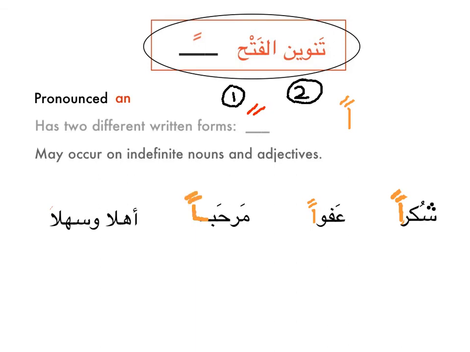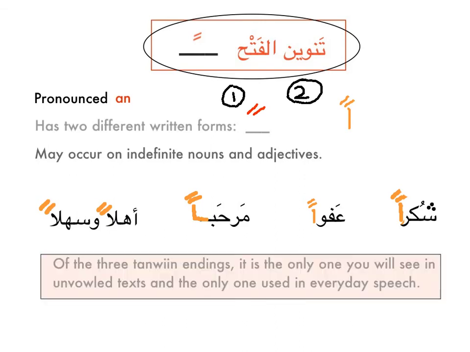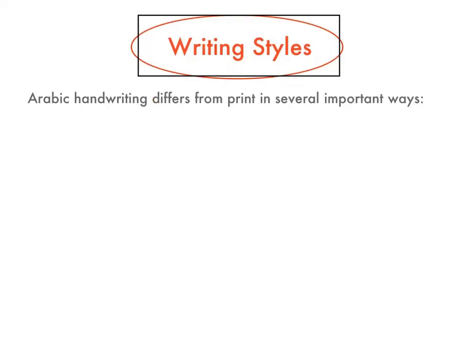And the last one, ahlan wa sahlan. These are very common words used in everyday speech. Of the three Tanween endings, it is the only one you will see in unvoweled text and the only one used in everyday speech. Arabic handwriting differs from print in several important ways.